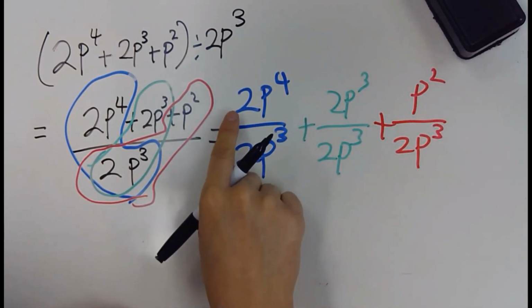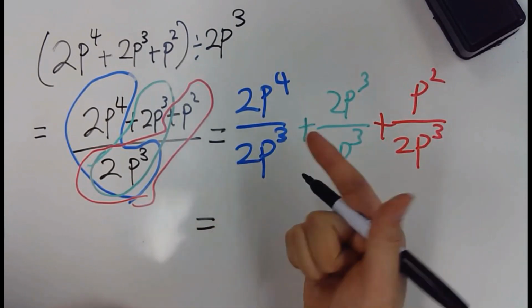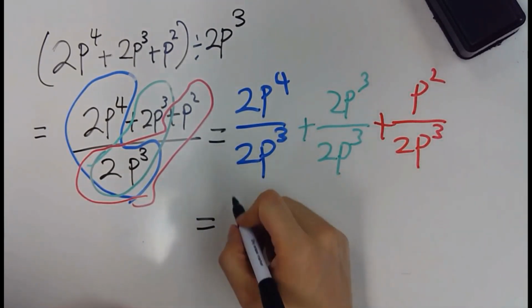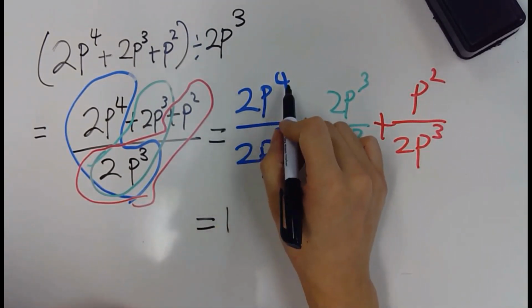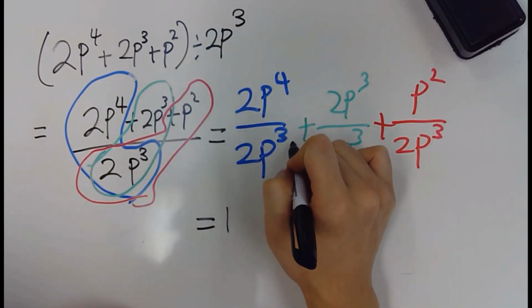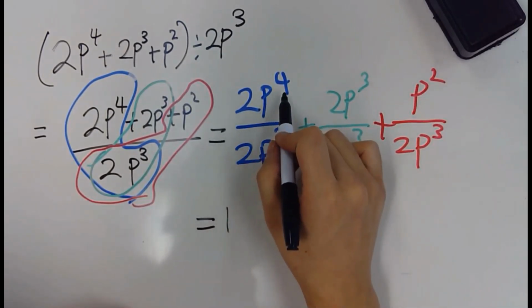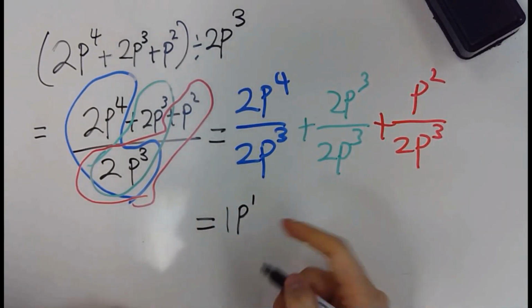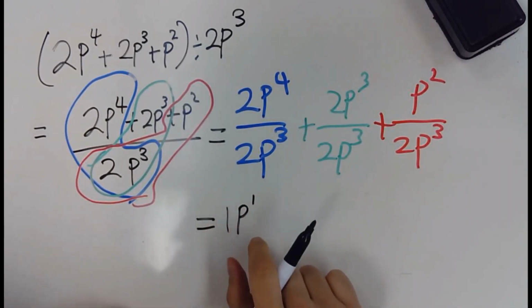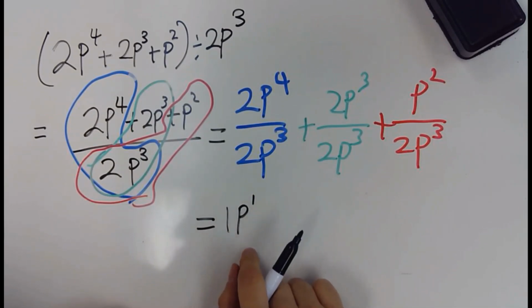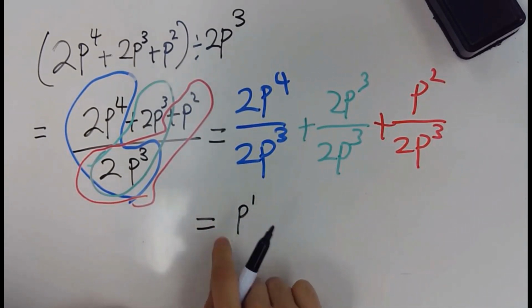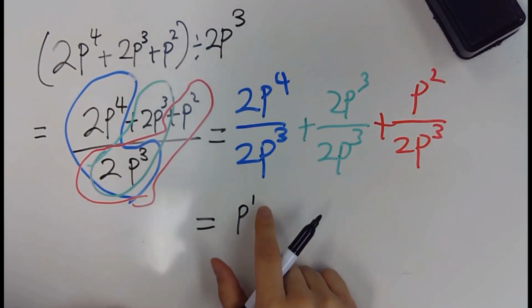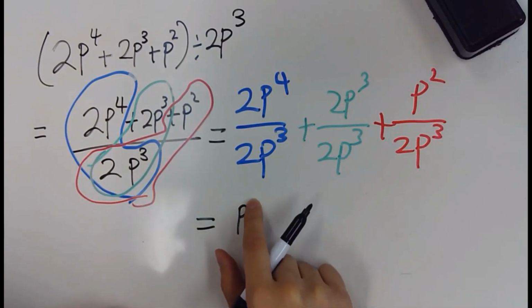We know that we have to do 2 divided by 2, which is just 1. And then p to the power 4 divided by p to the power 3. We have to do 4 minus 3, which will just give me p to the power of 1. One thing here that I want you to notice is that if I'm multiplying p by 1, I don't need to write this 1. And anything to the power of 1 is also unnecessary.